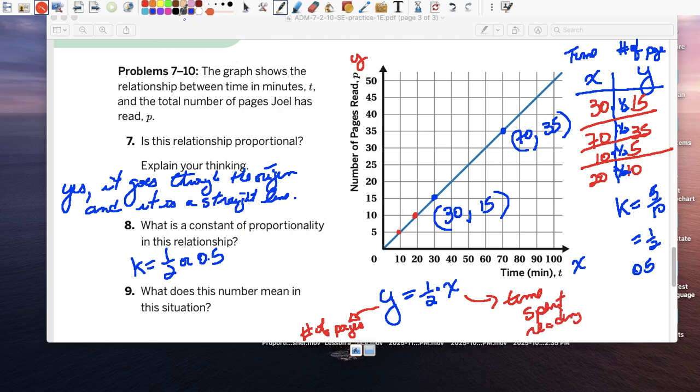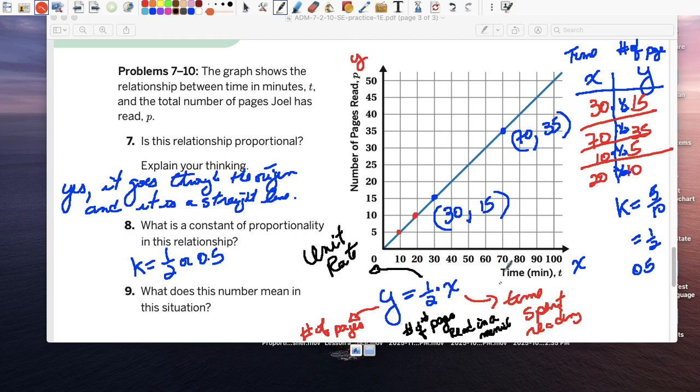Well, it's half or 0.5, however you want it. This is the number of pages that Joel reads in a minute. It's our unit rate. So this is my unit rate, and it's also a constant of proportionality.